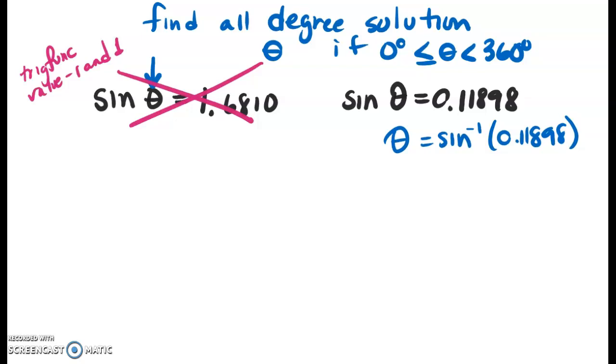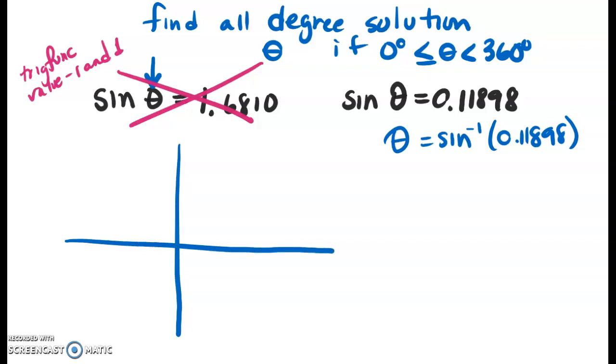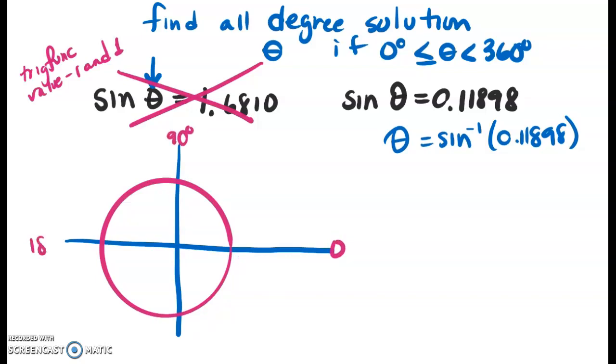Now, remember that in this, the angle is between 0 and 360. We have seen that you're going to have some values that repeat themselves.